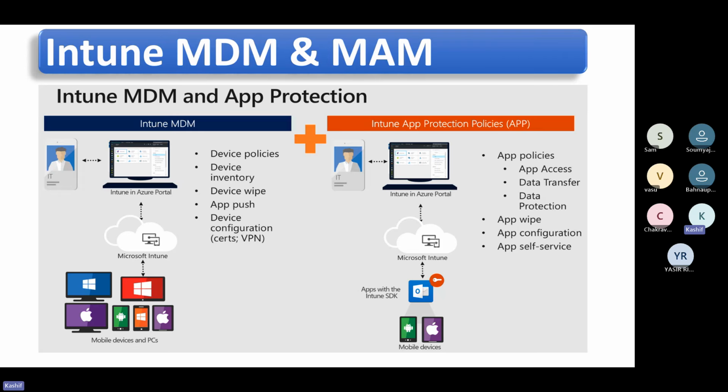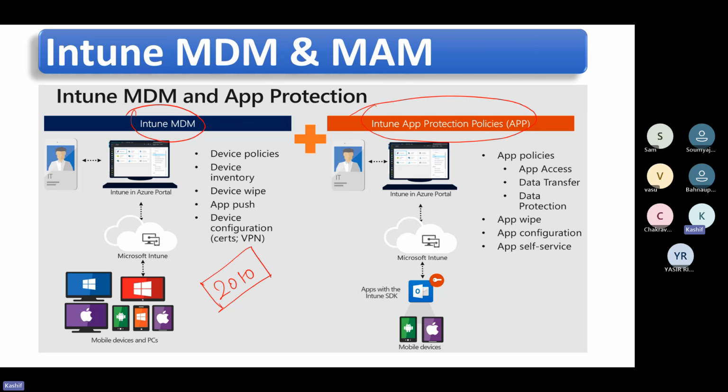Now, Microsoft Intune, as you all know, is a Microsoft product. Microsoft released this product in the year 2010. The main reason why this product came into the market is to do mobile device management and mobile application management.